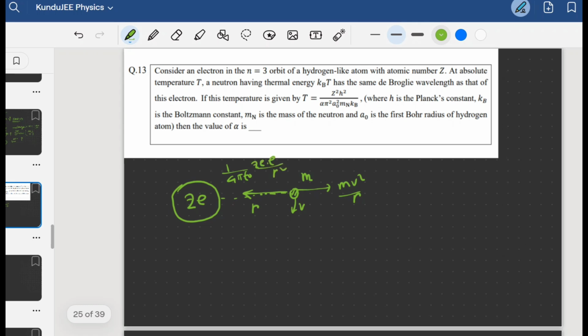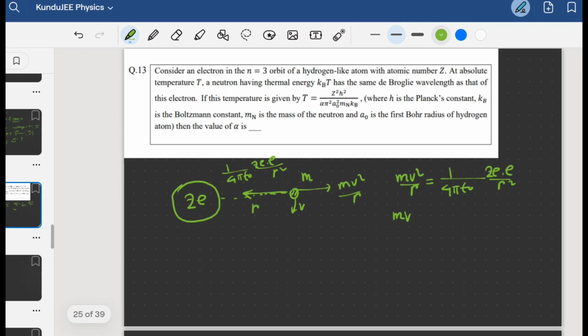So we can equate these two. So we'll get that m v square by r is equal to 1 by 4 pi epsilon naught into Ze into e by r square.